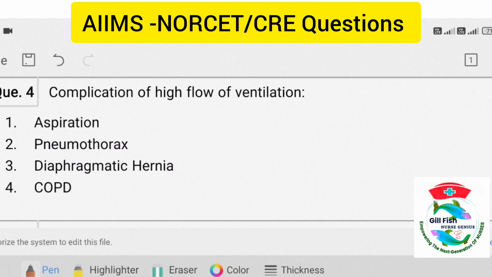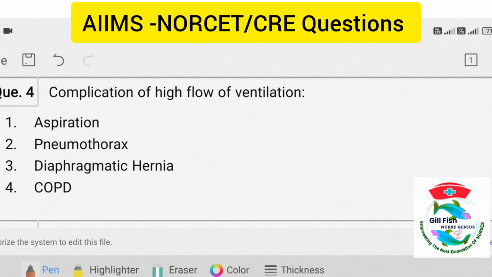Next question. Complication of high flow ventilation. Option 1 aspiration, option 2 pneumothorax, option 3 diaphragmatic hernia, option 4 COPD. Actually what is the question? High flow of oxygen, that is ventilation. See, this is the trachea and these are the lungs. If you are giving more ventilation, what is going to happen?